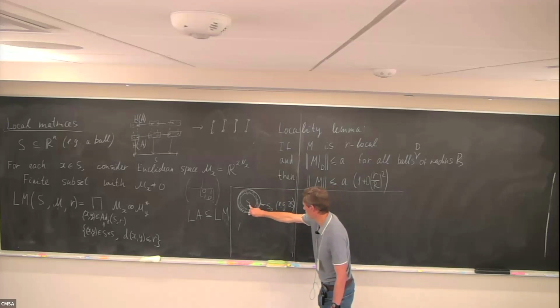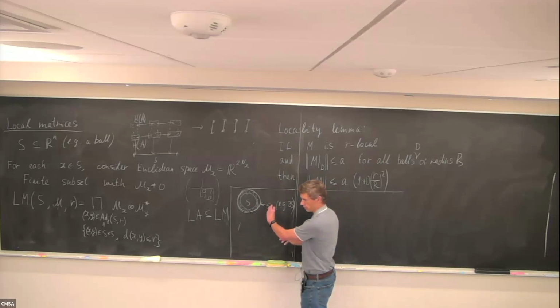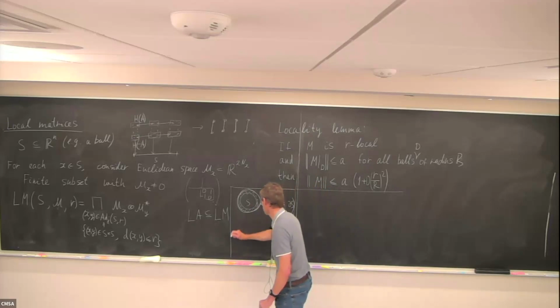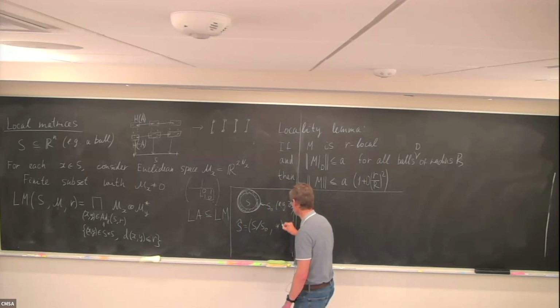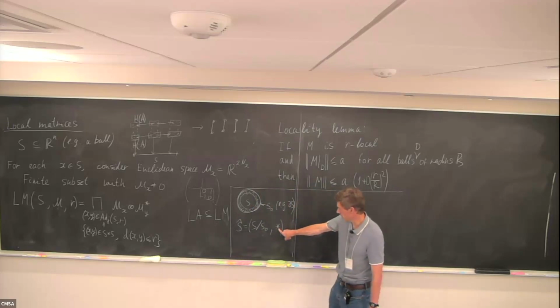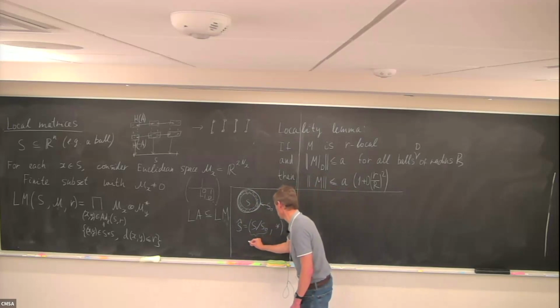Instead of working with pairs of sets, it's convenient to collapse the second set to a point and consider the pair S hat, which is S quotient S0, comma star. That is the result of the collapse, and this will be a metric space with the quotient metric.